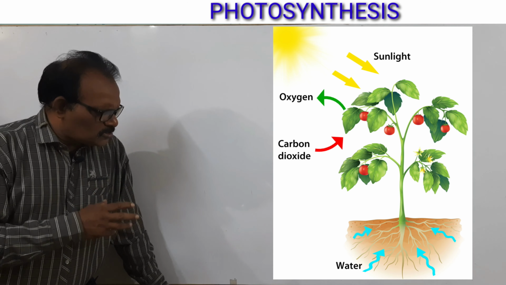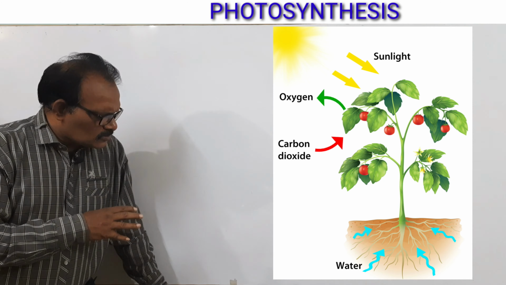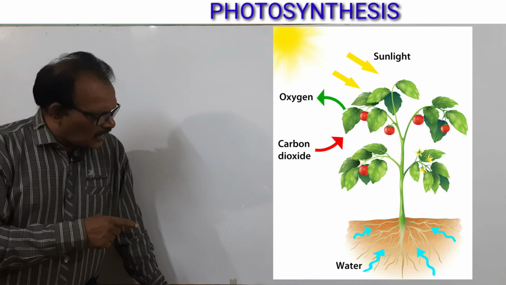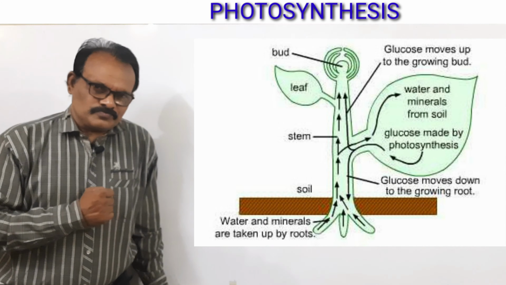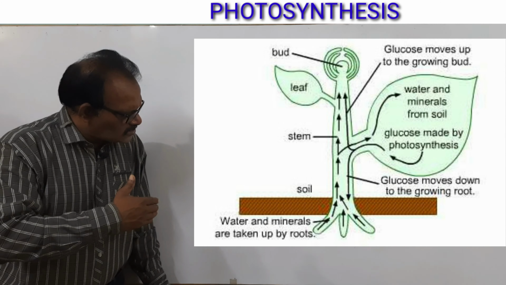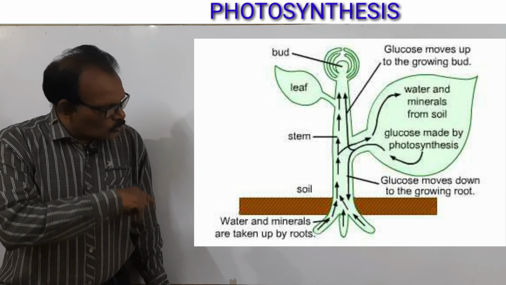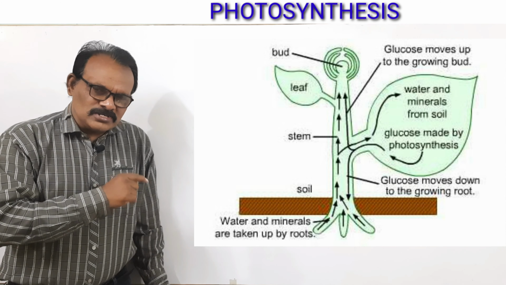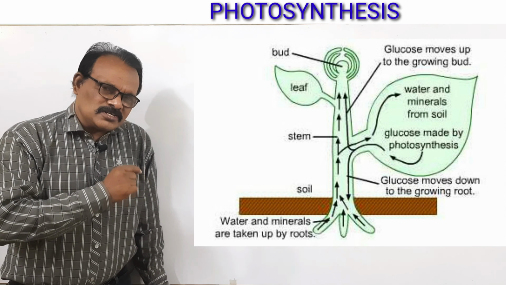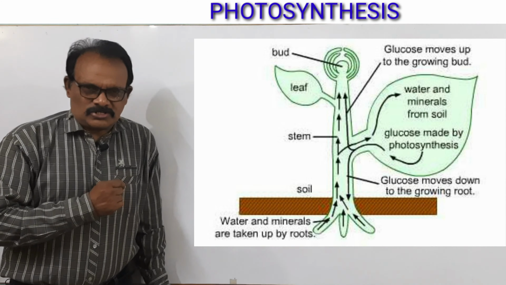That water and those mineral salts are carried through a special tissue called xylem. You see the arrow going from the root to the leaf. That is the special tissue, called xylem tissue.